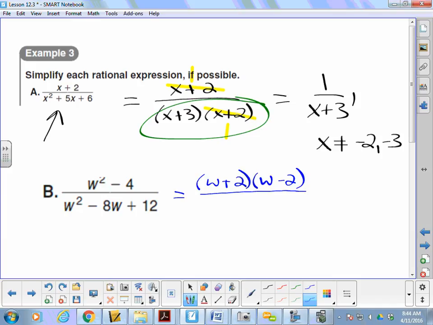In the denominator, we have a trinomial. Factors of 12 that add up to 8: 6 and 2. So W minus 6 and W minus 2.